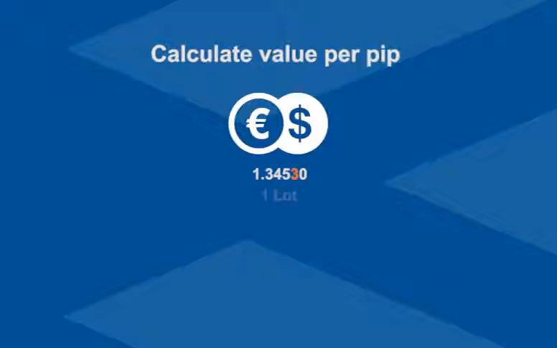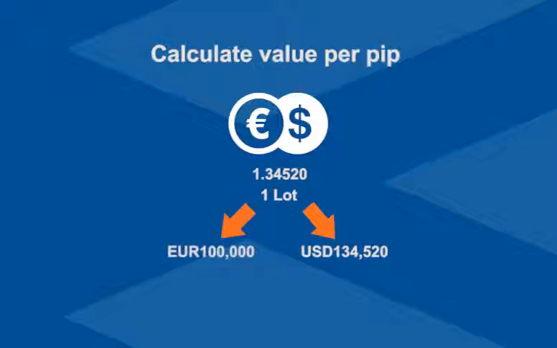Assuming that we open a 1 standard lot long Euro USD, we would be using 134,520 US dollars to buy or hold 100,000 euros. After the currency pair appreciates to 1.34530, which is 1 pip, 100,000 euros will then give us 134,530 USD. This would mean you would have made a profit of 10 US dollars. The value per pip is thus 10 US dollars.